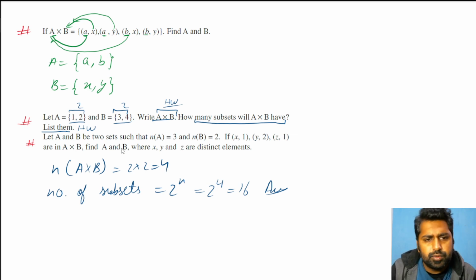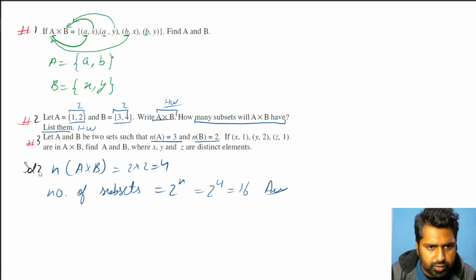Then let's move to the next example. He's saying A and B are 2 sets such that the number of elements of A is 3, and the number of elements of B is 2. And these are the elements of A cross B. So he is not directly giving you the elements. Let's number them something now. Let's say 1, we have already solved, 2, 3.